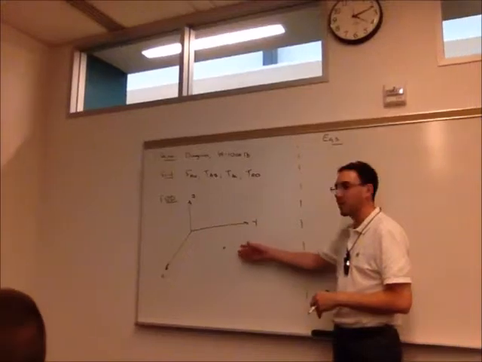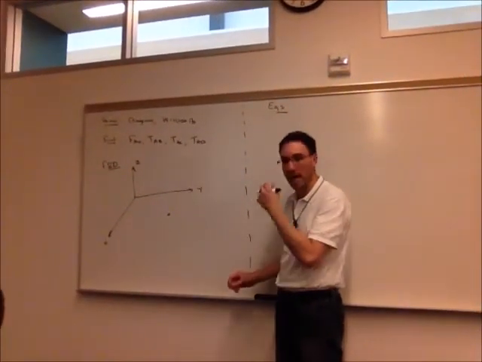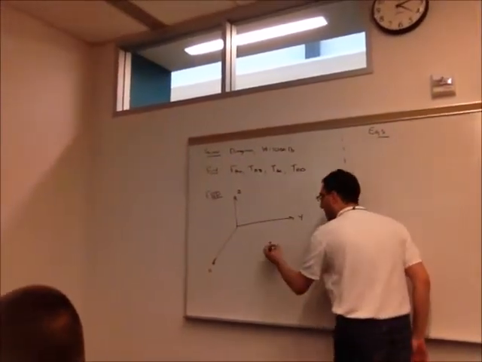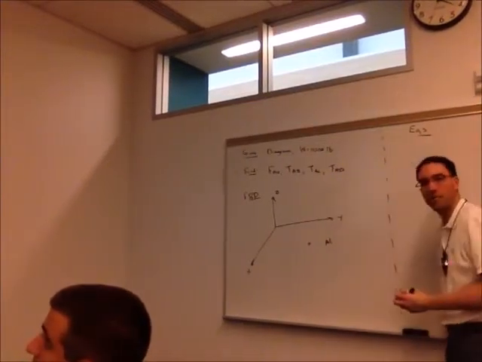So take a moment and make the free body diagram. I'll kind of draw it as we go in the interest of time. But A is first of all, and we want to include all of the coordinates.